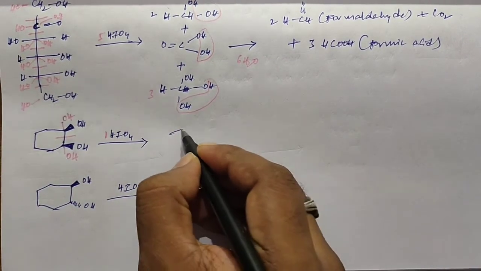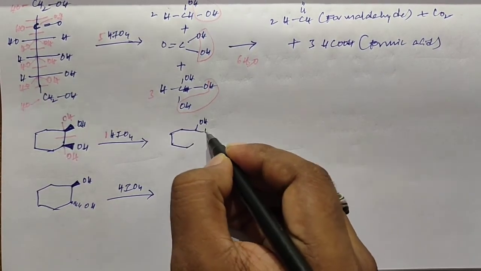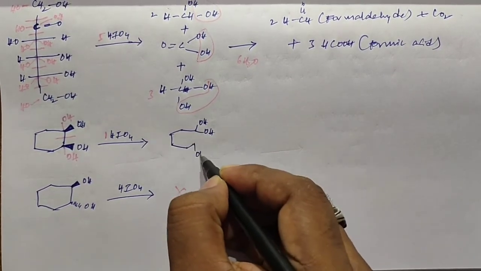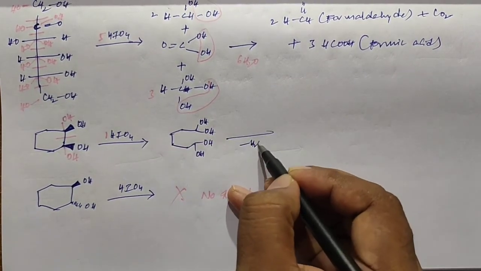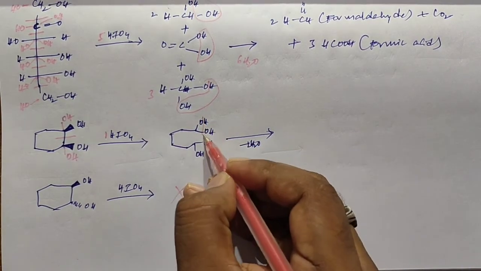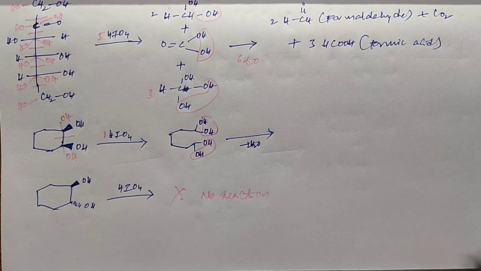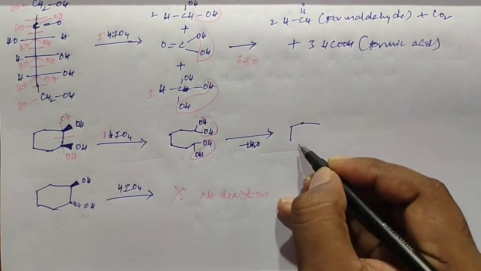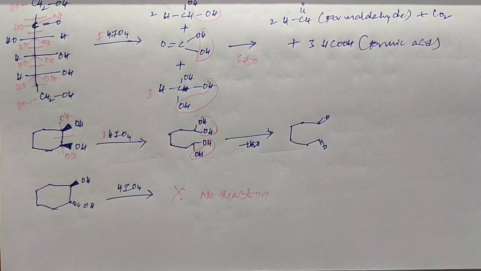Then we get a compound like this: OH, OH, OH and OH. After dehydration, we lose 2 moles of water molecules, one water molecule here and one here also. So finally you get the product like this: double bond and double bond.